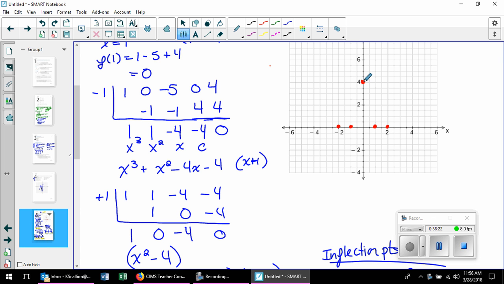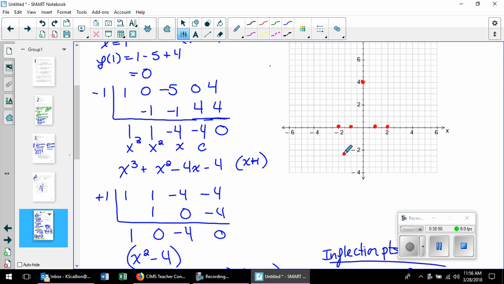What do I have? I have relative maxes and mins to place on there. So, that is my relative max. My relative min is going to be at negative 1.58, just a little shy of that one, and at negative 2.25.